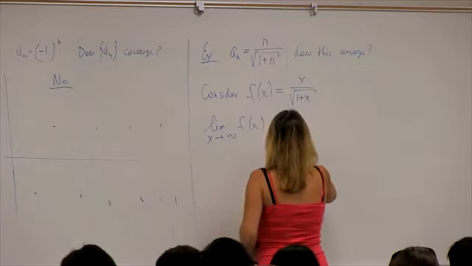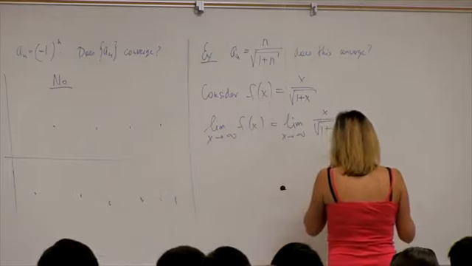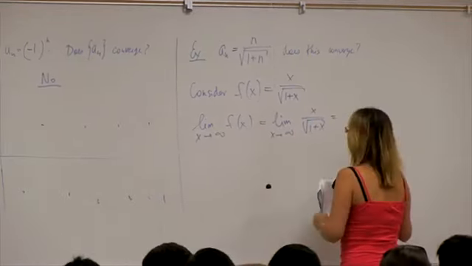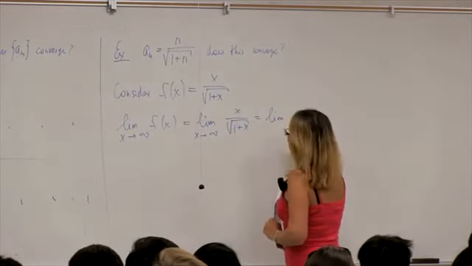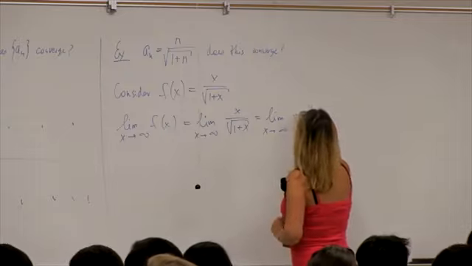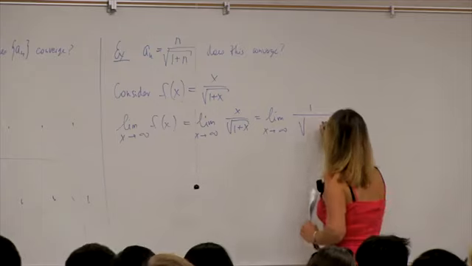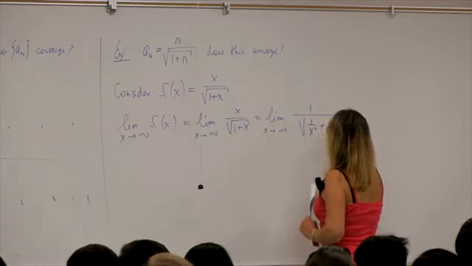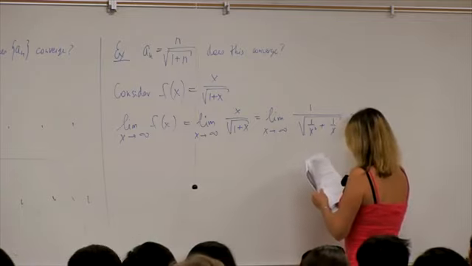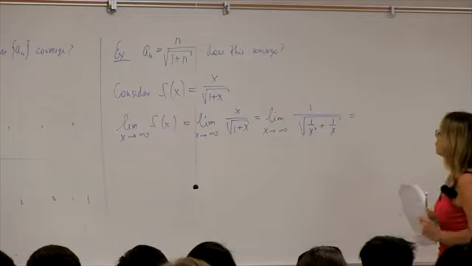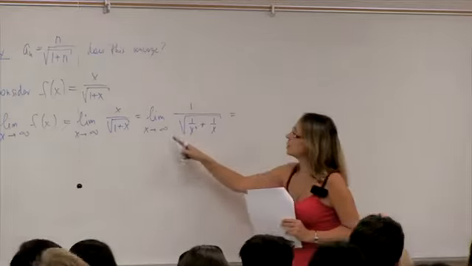So we have x over square root of 1 plus x. We can divide everything by x, numerator and denominator, right? So we have 1 over square root of 1 over x squared plus 1 over x. What happens to this as x goes to infinity?